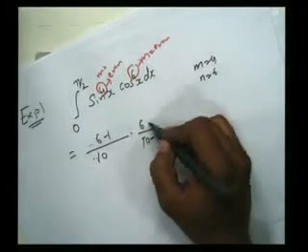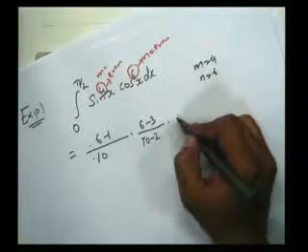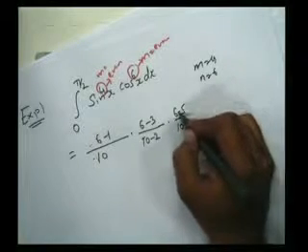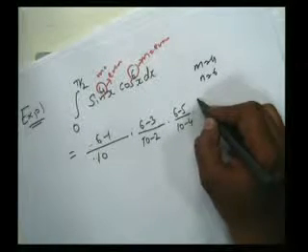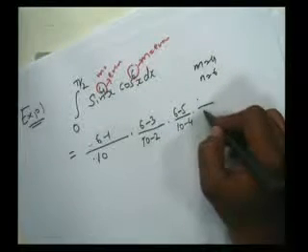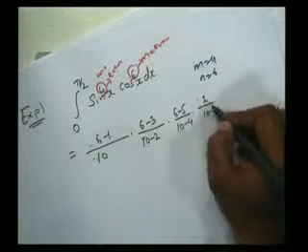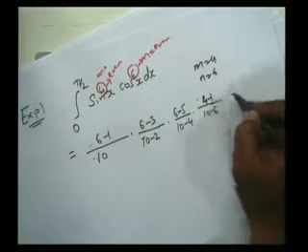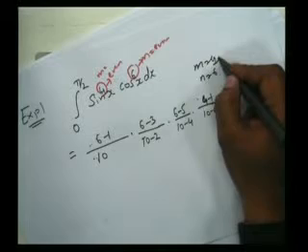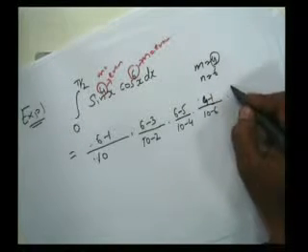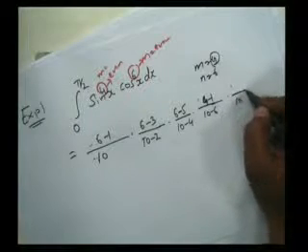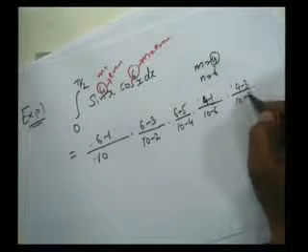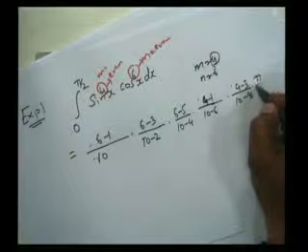In the last part we have m minus 1, which means 4 minus 1, then 10 minus 8 in the denominator, and in the numerator 4 minus 3, and the last one is pi by 2.